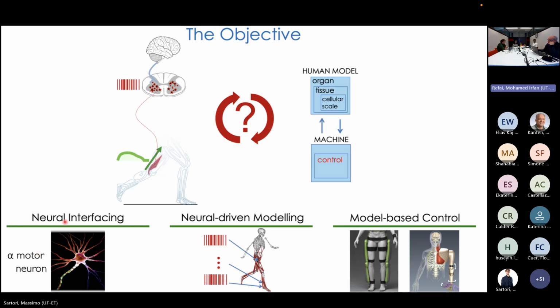But the main problem is that these bioelectrical signals, such as EMG signals, don't explain human movements entirely, because movement is what underlies mechanical forces and accelerations. So these bioelectrical signals, such as EMGs, actually need to be translated into the language of the musculoskeletal system.